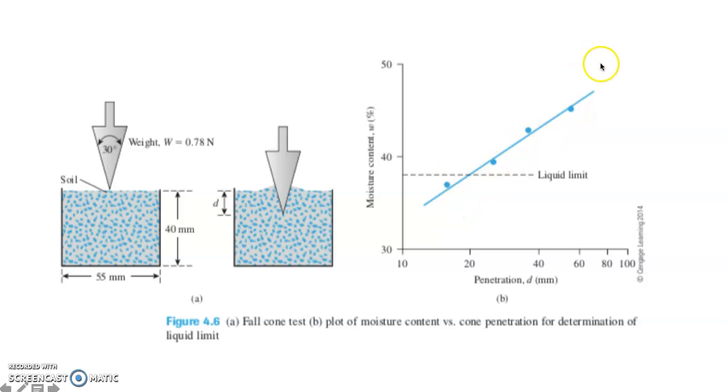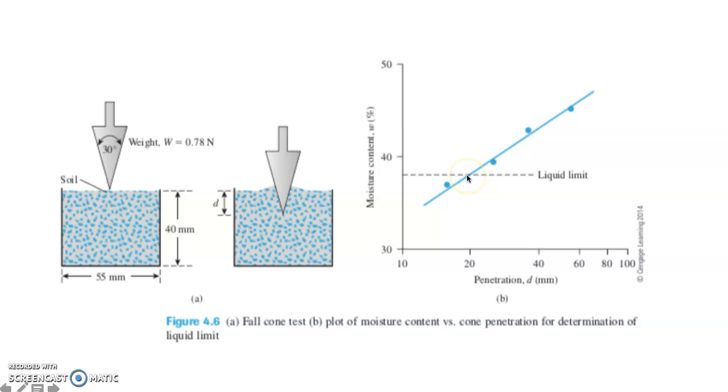Once you have recorded this one, you try to connect the dots. You have to connect the points then, so that you can obtain your liquid limit. As mentioned, our standard depth of penetration is 20. So you locate 20 along the x-axis. So this is 20. So if this is 20, you draw a line upward as it touches the flow curve.